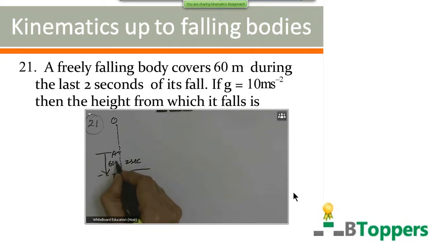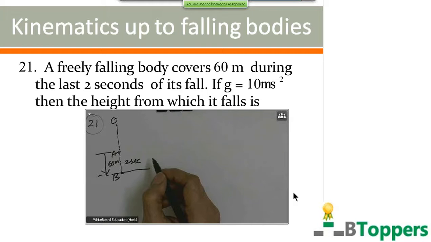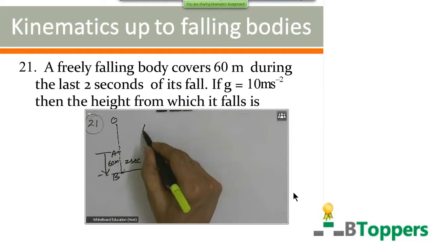It covers 60 meters in the last 2 seconds. So distance from A to B is 60 meters. To find the height of fall, you can calculate the height from which the body falls if you know the velocity at B. Therefore, we'll try to find velocity at B here.